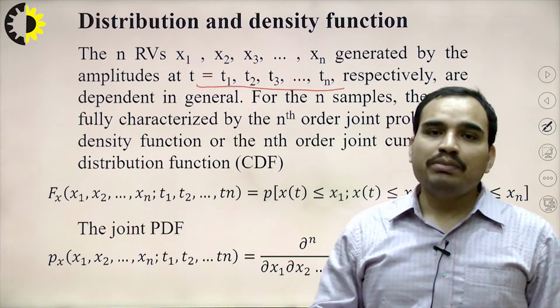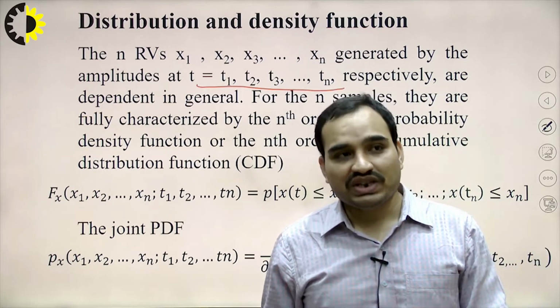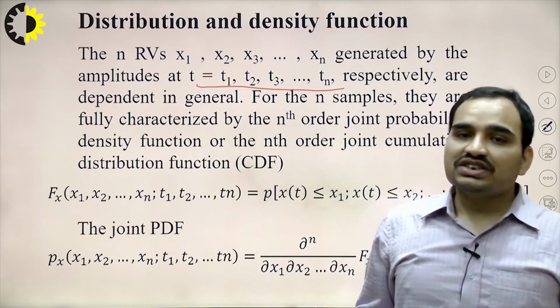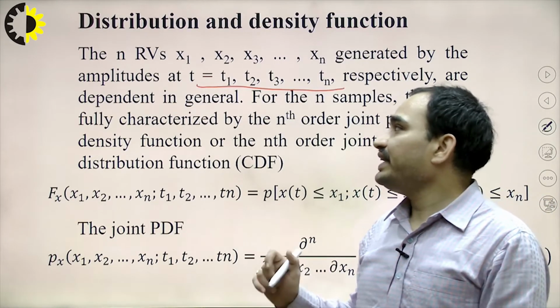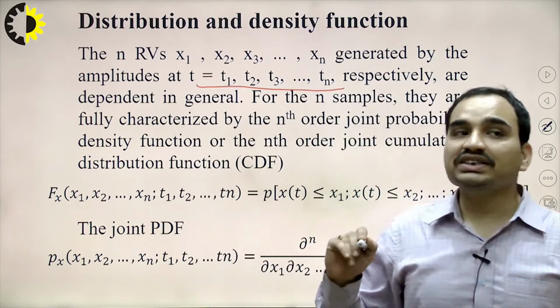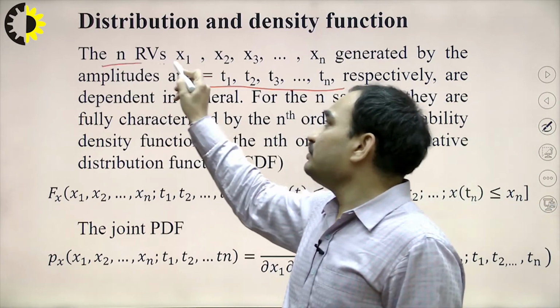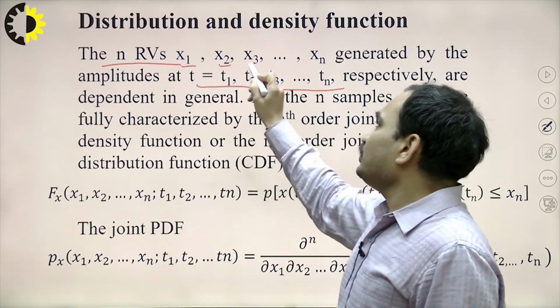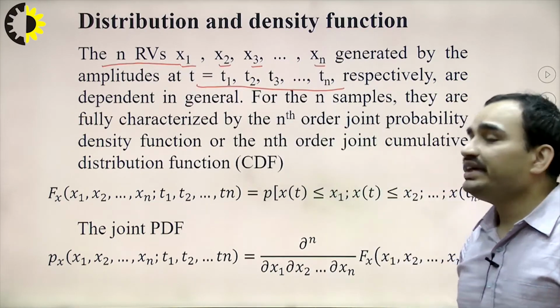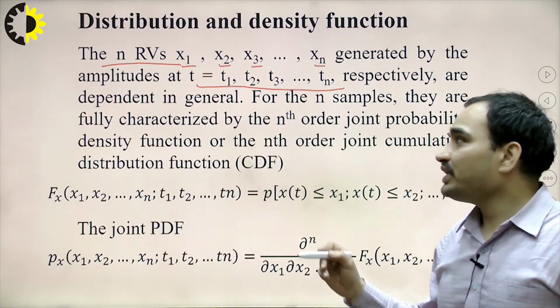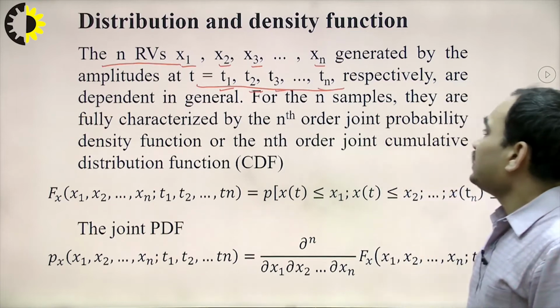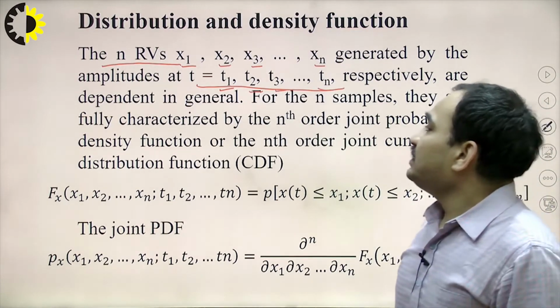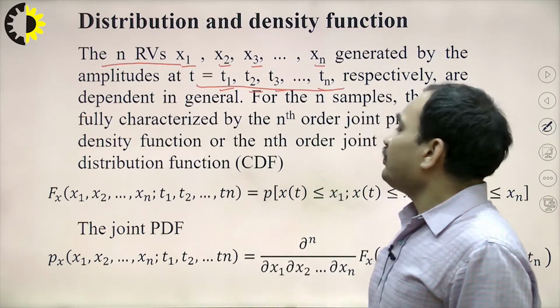So we have mapped the time with the random variables. Here we are considering n random variables x1, x2, x3 up to xn, generated by the amplitude at the time samples t1, t2, t3 up to tn, which represents the dependence in general for the n samples.